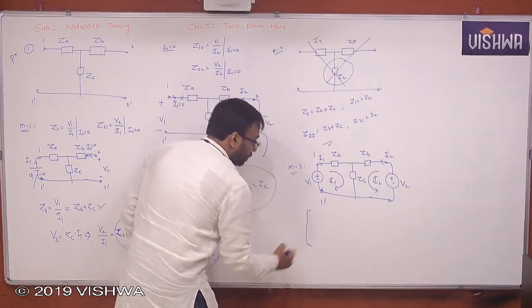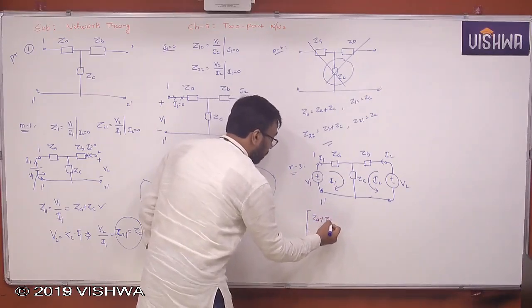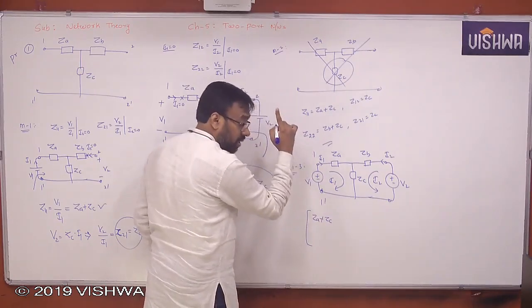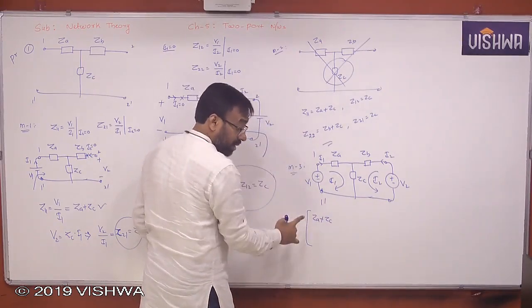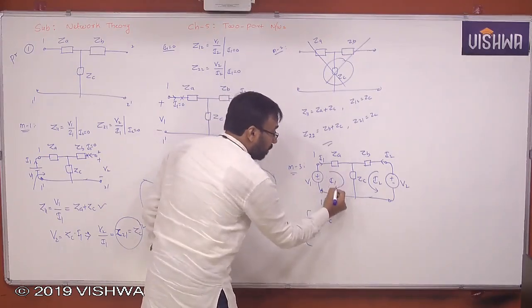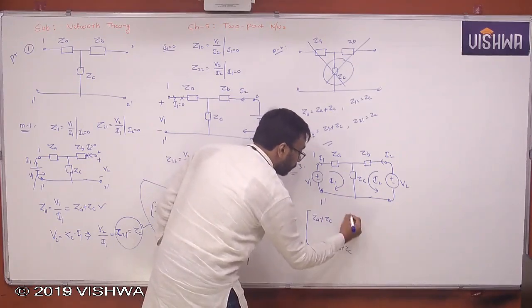I know that the sum of impedances in the first loop, ZA plus ZC, usually you get a negative sign here, the diagonal element, in our inspection method that we discussed in mesh analysis. But in this case, I'm taking the reverse. So you follow reverse everything. Okay. Sum of impedances in the first loop, sum of impedances in the second loop. Yes or no?